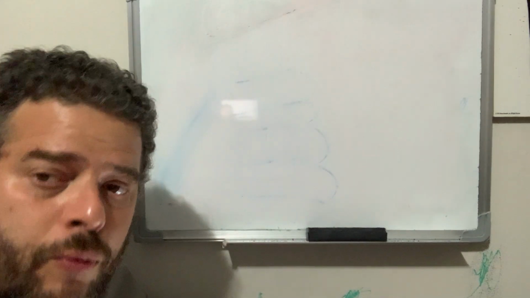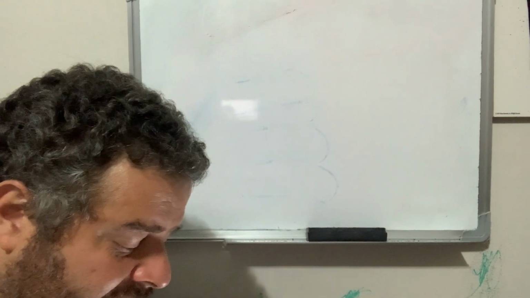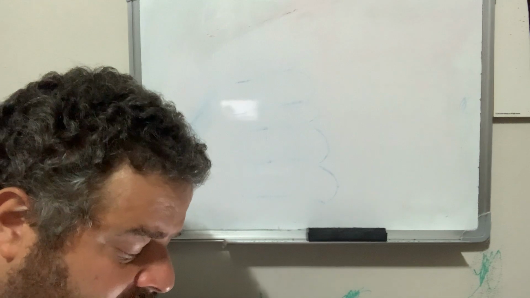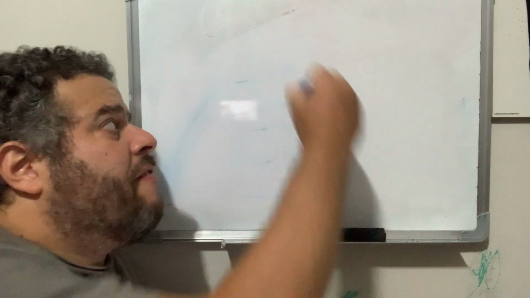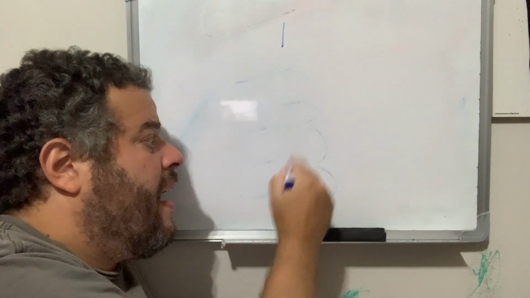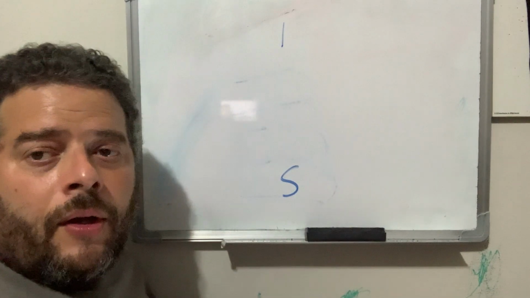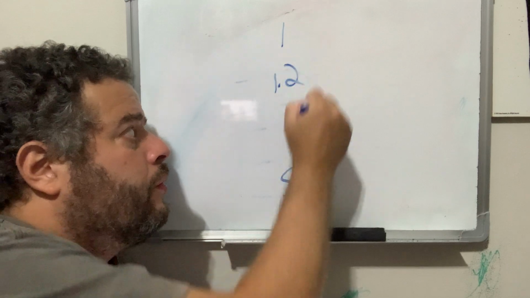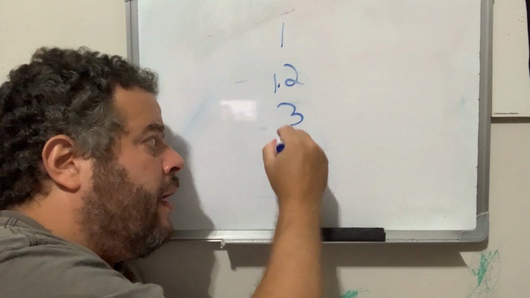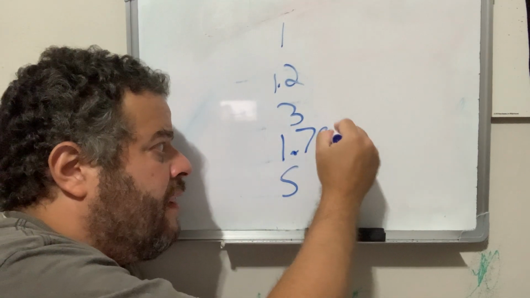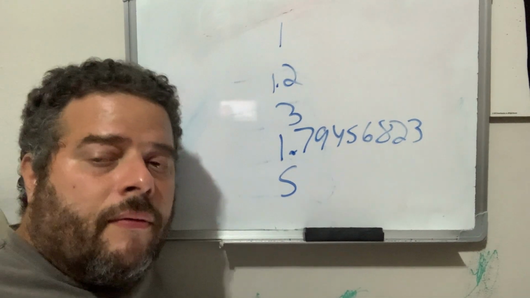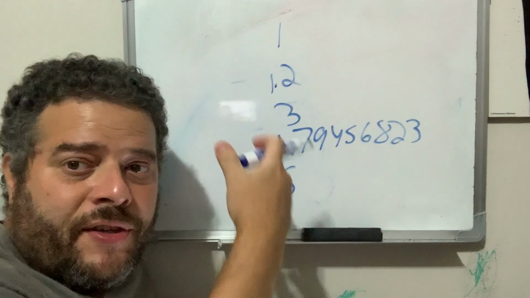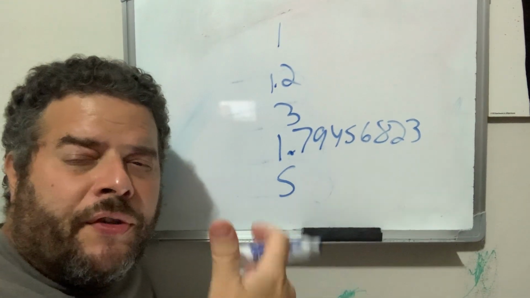A continuous random variable can take any value in an interval on the number line. So let's say I have values from 1 through 5. You can end up with 1.2, you can end up with 3, you can end up with 1.7. Again, any number that falls within that interval is a possibility when you're talking about a continuous variable.